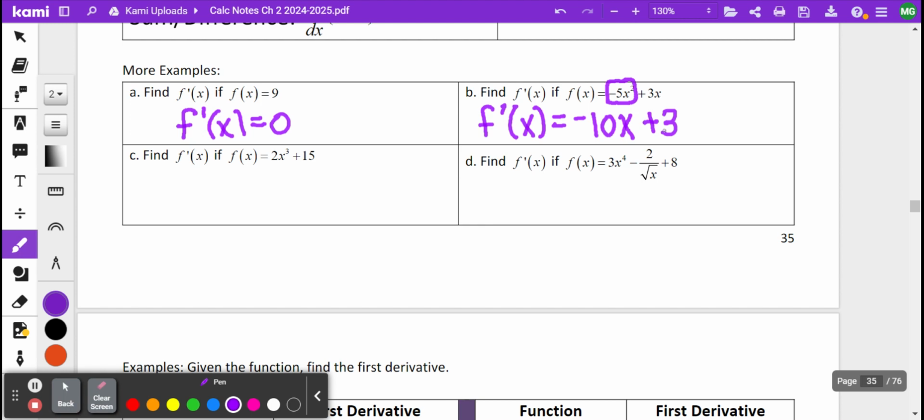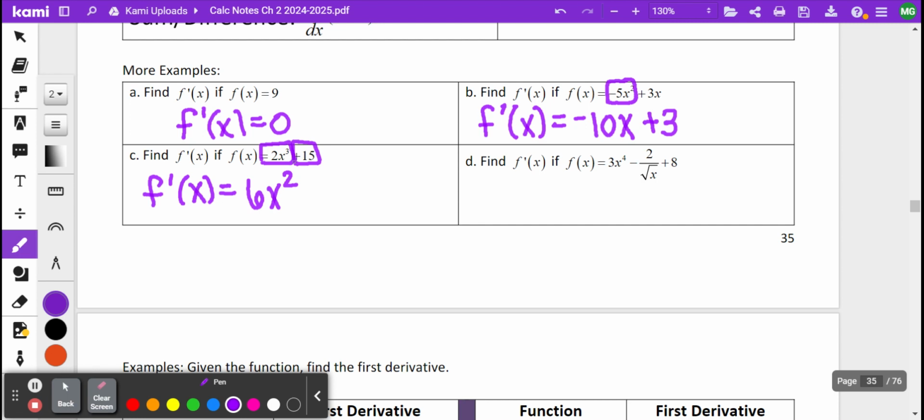For example C, we're going to use power rule. Okay, we're going to have to think about this as kind of combining a couple of things. So the derivative of 2x cubed, 3 times 2 is 6, x to the second power, and then the derivative of a constant is 0. So that's it, 6x squared.